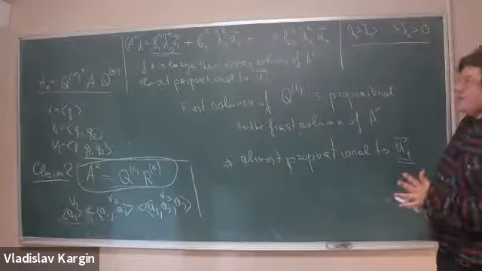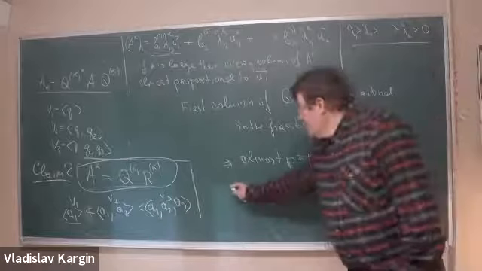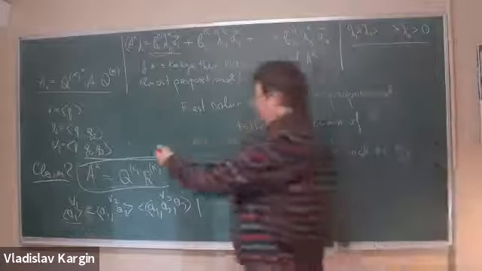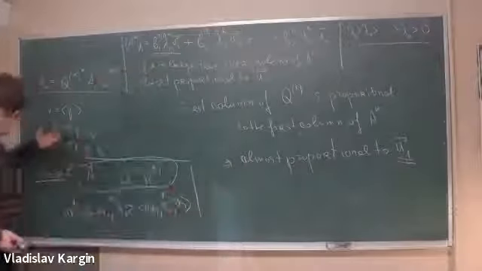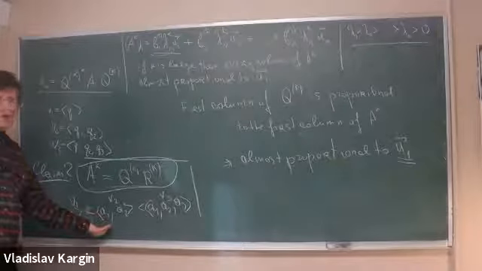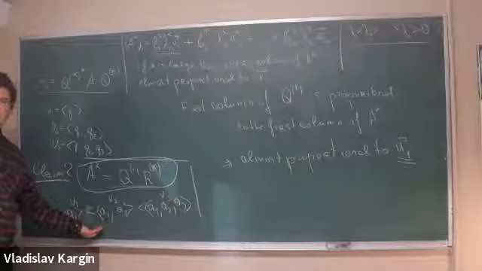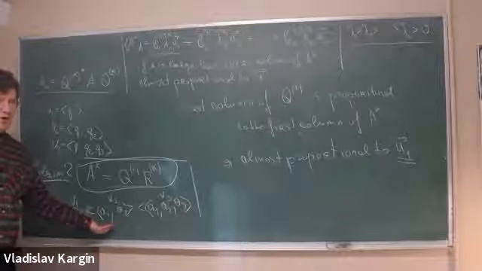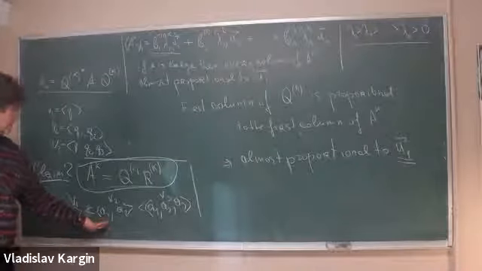What about the second column? How do we build the second column? It's like here. You look at the span of the first two column vectors of the matrix AK.